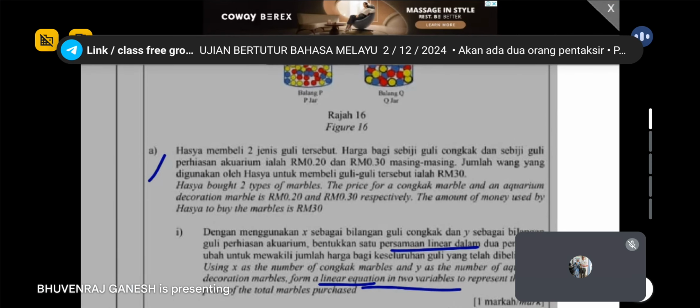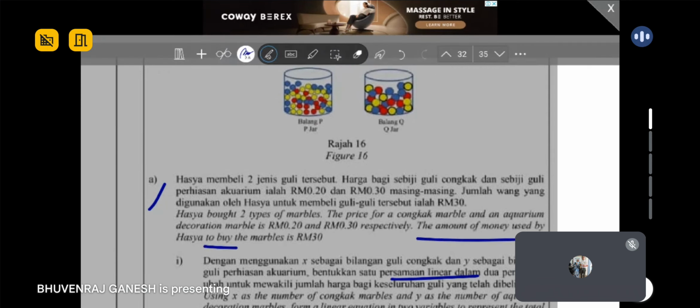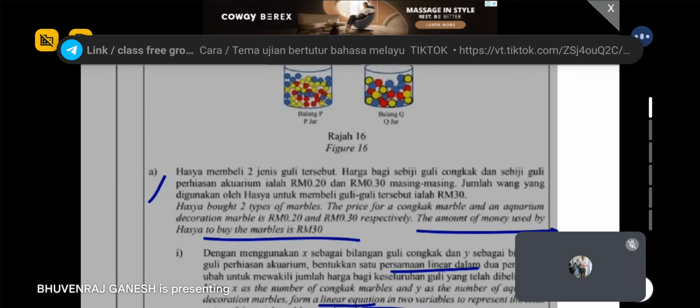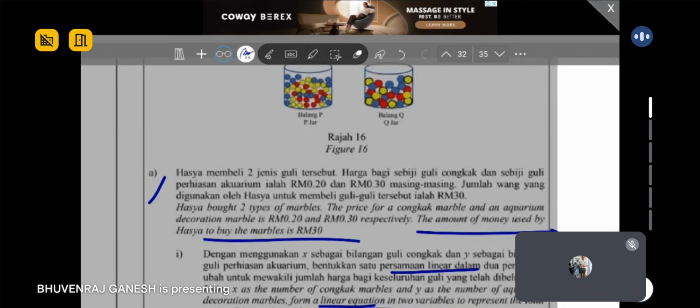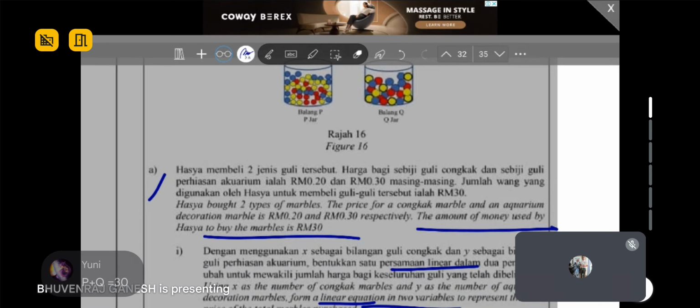They ask you to, let me see. The amount of money is RM30. Jumlah wang yang diperlukan adalah 30. So cuba bentuk kat saya satu persamaan. One equation only. Very simple. Sangat mudah juga. Very straightforward. So anyone? What's the equation?